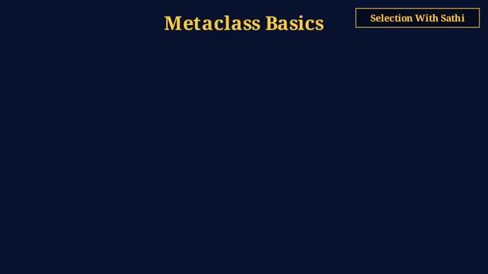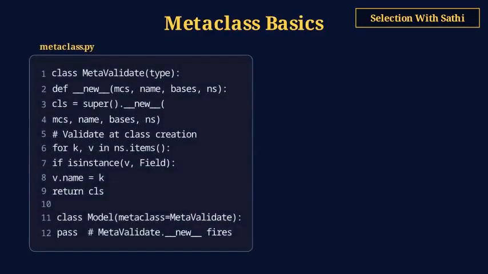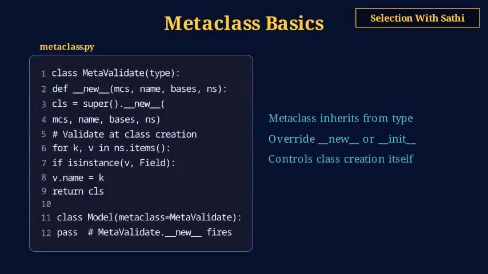A metaclass is a class whose instances are themselves classes. The default metaclass for all classes is type. To create a custom metaclass, inherit from type and override __new__. __new__ receives four arguments: the metaclass itself, the class name, the tuple of base classes, and the namespace dictionary.